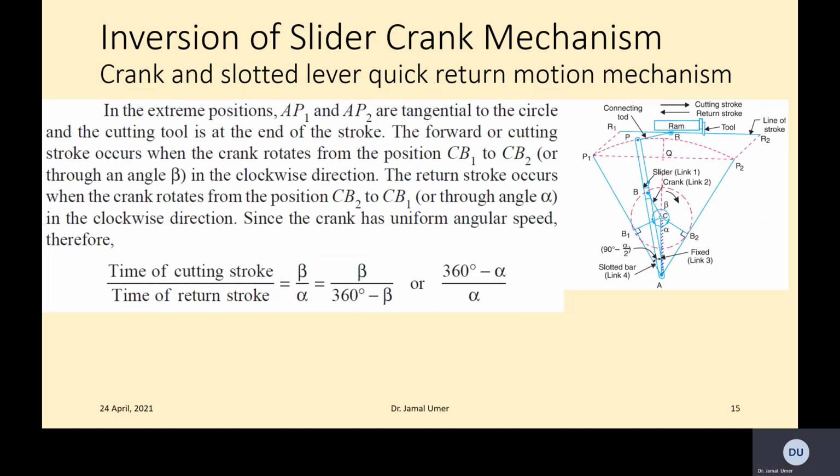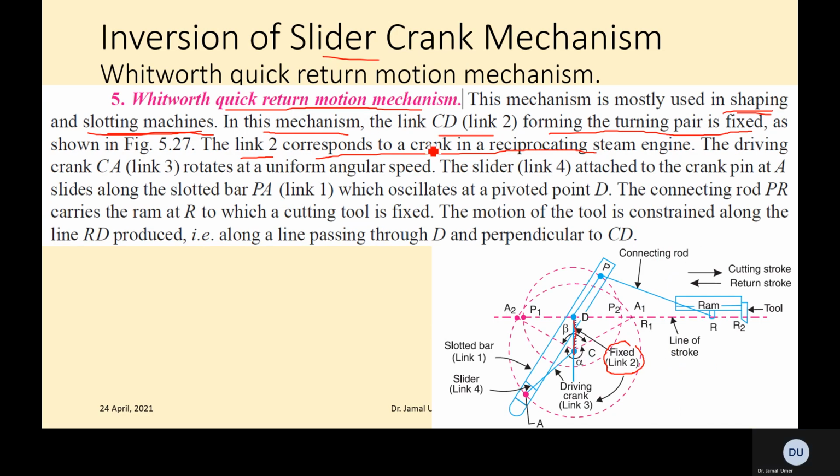But now we are fixing the crank. So this crank is fixed basically. The driving crank CA, yeah, this length. So this is the driving crank. CA is the driving crank.